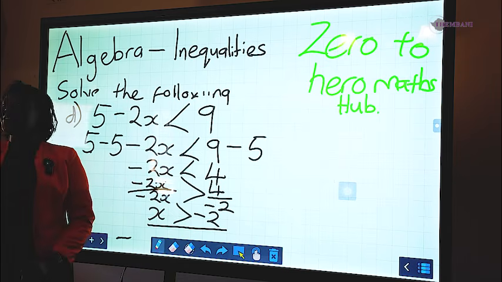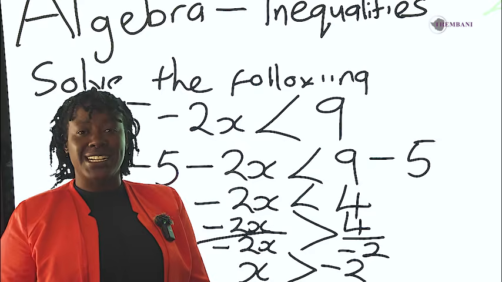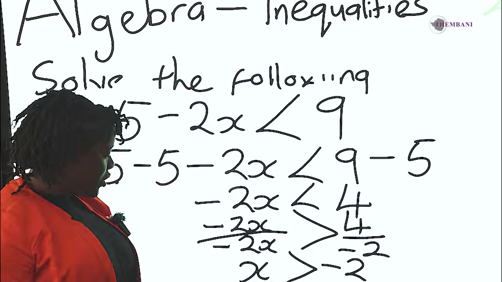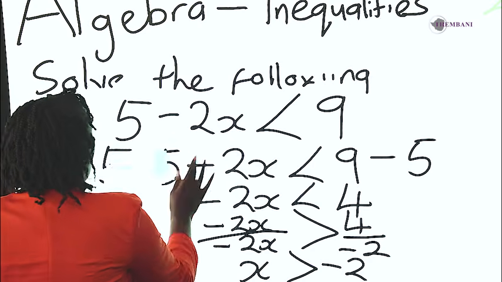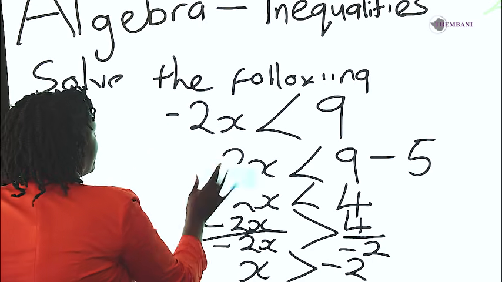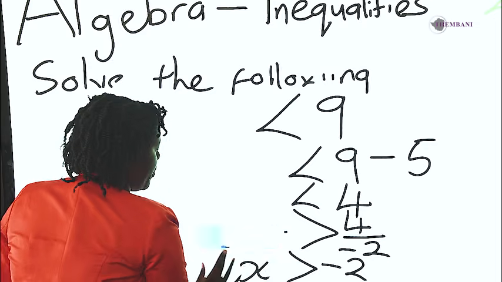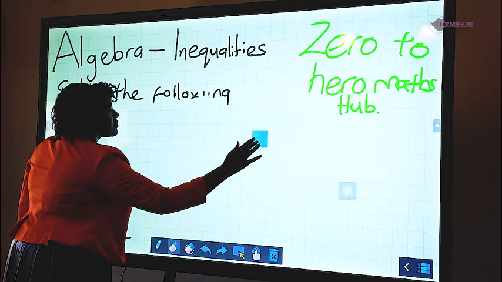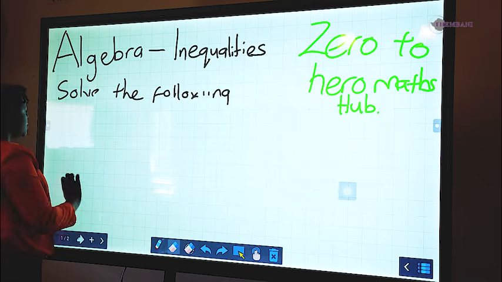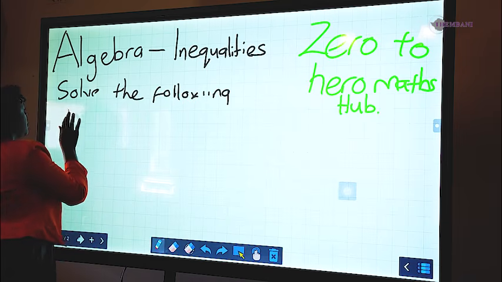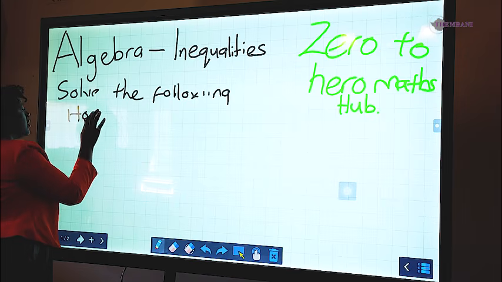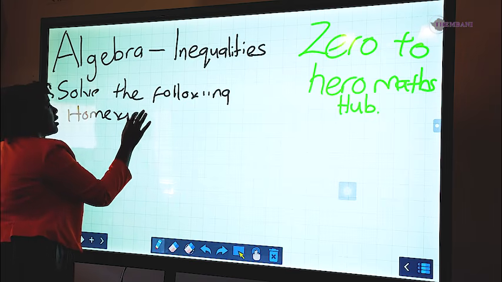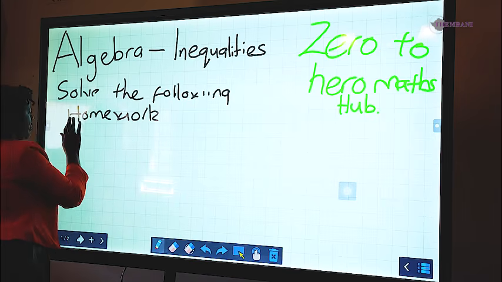So now I'm going to give you homework to see if you have made progress on what we're discussing today. For homework, I'm just going to give you 3 questions. Number 1.